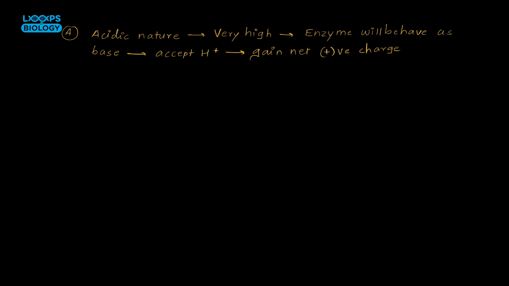Got my point? So the complete structure of the enzyme is going to get a net positive charge. Due to this net positive charge, the enzyme will suffer through repulsive forces, and there will be unfolding of the complete three-dimensional structure.